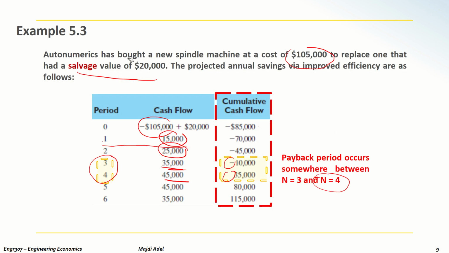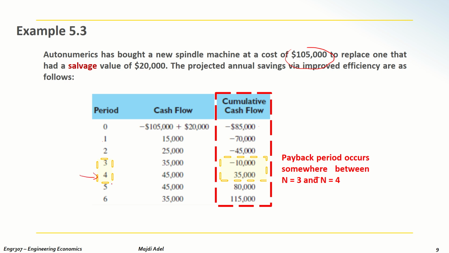Let's just go back to our example. In our example we saw that the payback period happens at n equal 4, but the periods after n equal 4 we do not consider in the payback, whether it's simple payback or discounted payback.